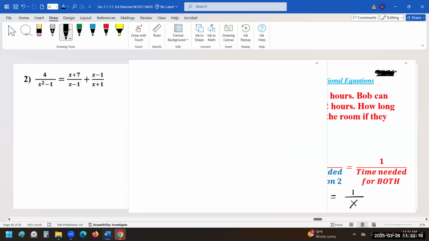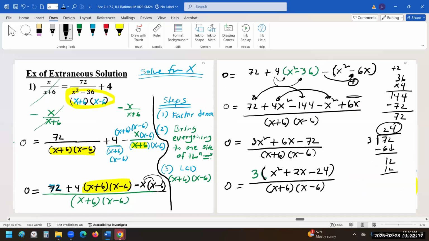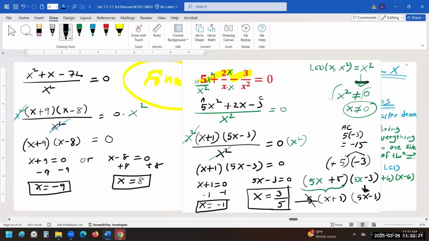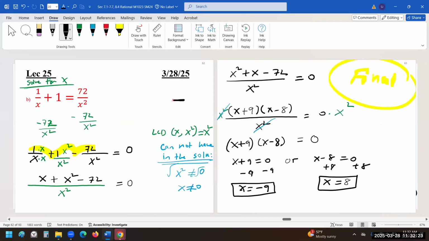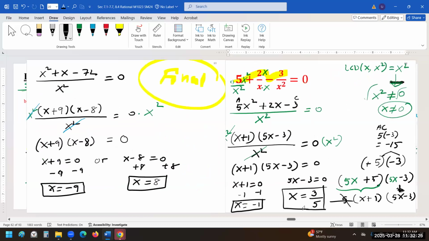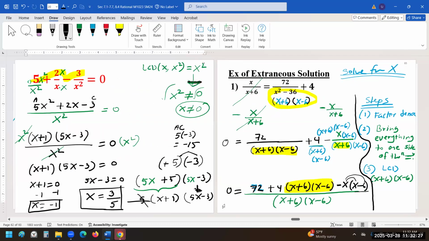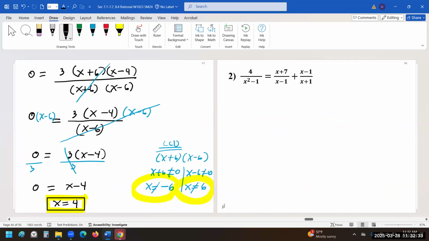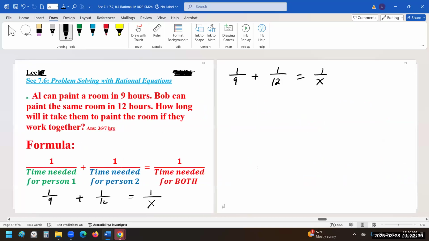In the previous examples, if you observe, the first example, we had X on both sides. The second example, they already have everything on one side. The third example, X on both sides. So when you have X on both sides, don't bring everything to one side. But when you have X on only one side, keep it. Don't mix it with the other side.